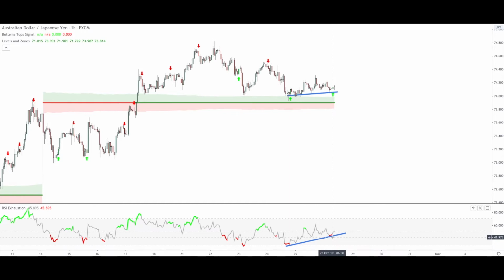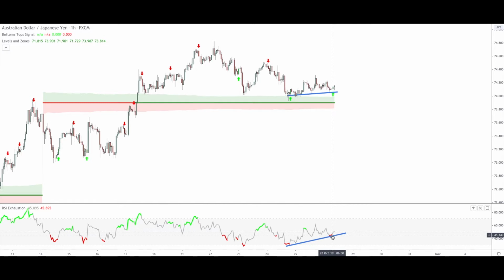The second rule is to have the RSI exhausted, which means that it is colored red. As you can see here, at the same time we have this bottom, we also have the RSI exhausted. The same applies on the previous bottom here. So the second rule is checked as well.